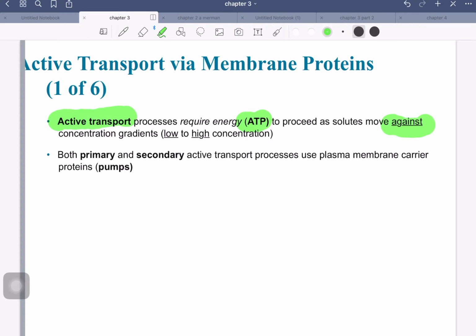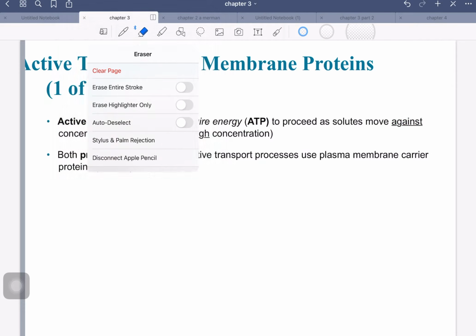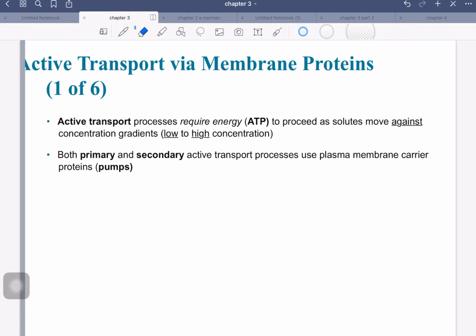Now we'll see under active transport there are two different ways, and both of these use plasma membrane proteins, and sometimes they're called pumps. The two types that we can have a look at are primary and secondary active transport. Let me just give you the quick so what.